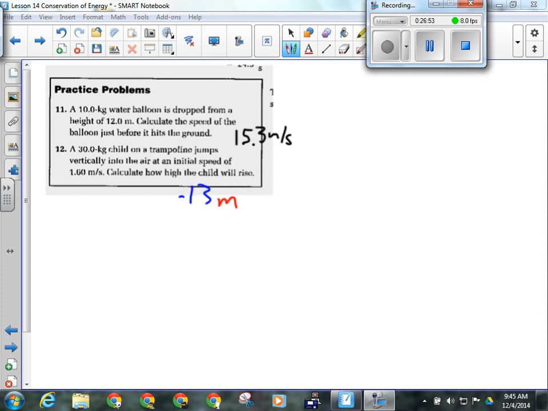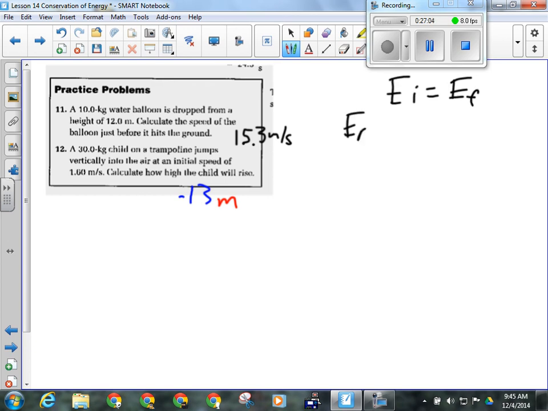So for the first one, we've got the 10 kilogram water balloon dropped from a height of 12 meters. There are no other forces, so we can say that EI equals EF, which means initial potential plus initial kinetic equals final potential plus final kinetic. If we can, we try to eliminate any that happen to be 0.